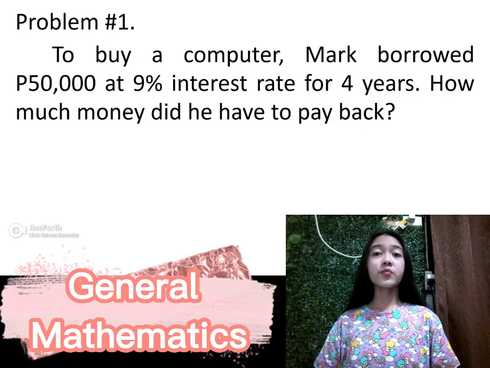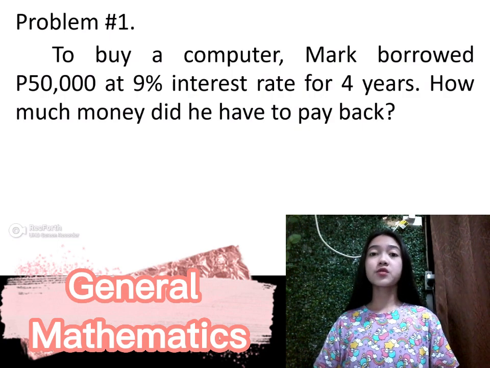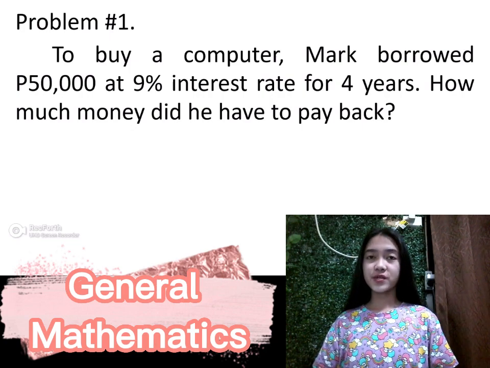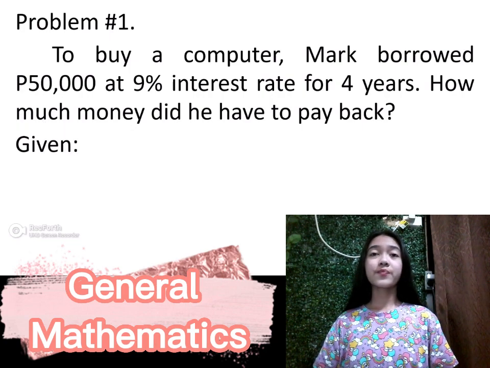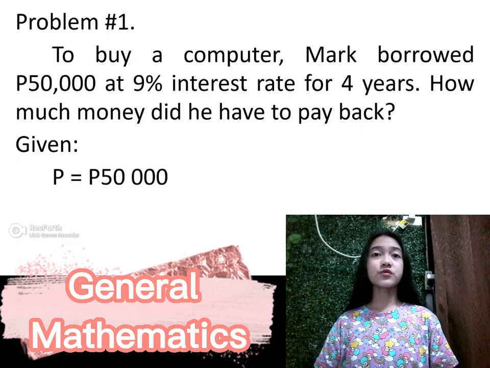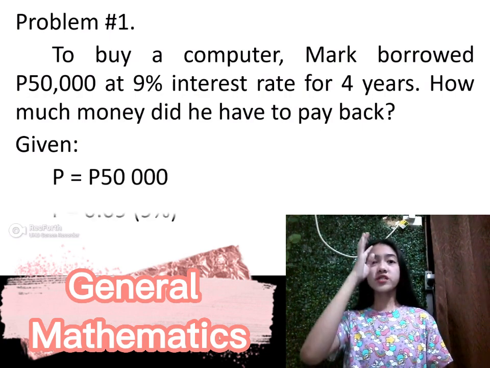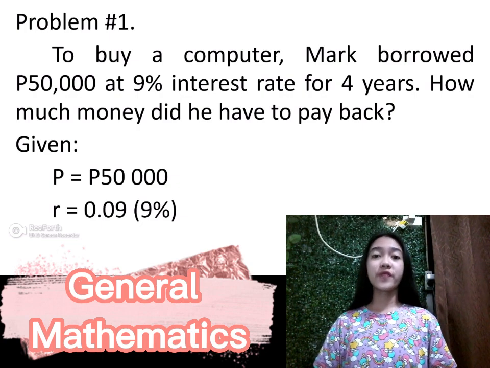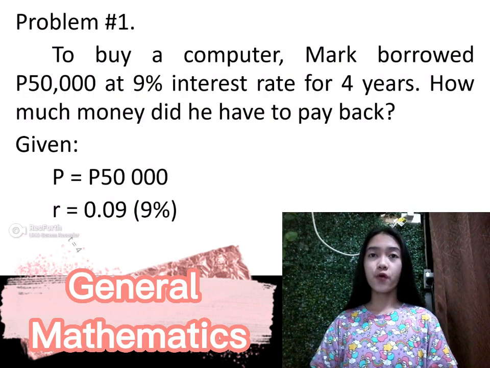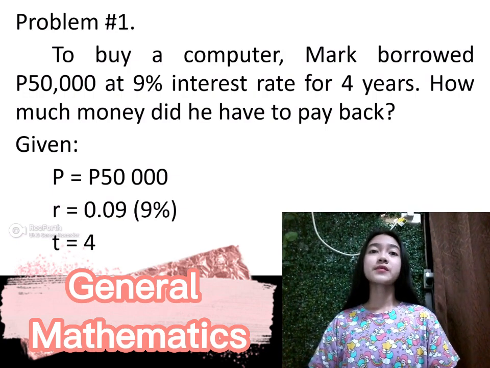To solve the problem correctly, we will have to find the given first, which are P = 50,000, R = 0.09, which is the decimal form of 9%. Next is T, which is equal to 4, or 4 years.